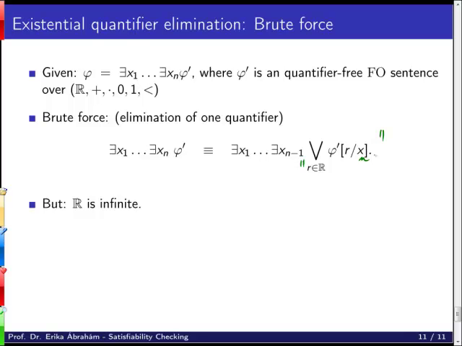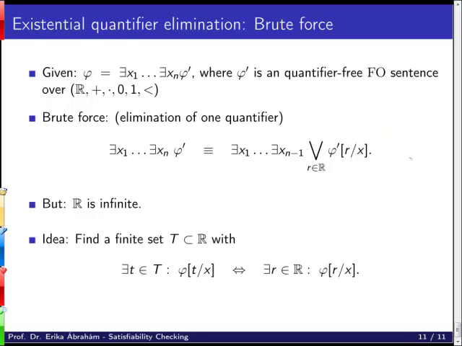But what is the problem? I cannot try out all values in R because not only that there are infinitely many, but it is even uncountably many. So I even cannot write it down this way, even not with an infinite disjunction. But I would like to have something similar, but I would like to have it such that this set is not R, but a finite set.